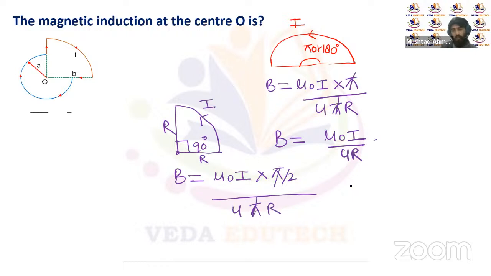Once again the pi will get cancelled, and we'll be left with mu naught I upon 8r. So this will be the magnetic field due to this current at the center of this quarter circle.